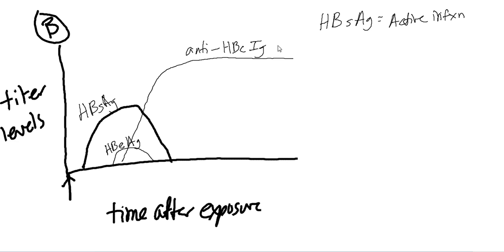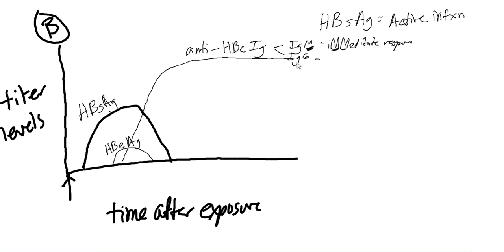Now, an immunoglobulin can either be IgM or it can be IgG. IgM is your immediate response. Your immediate response, you're immediately going to produce IgM.